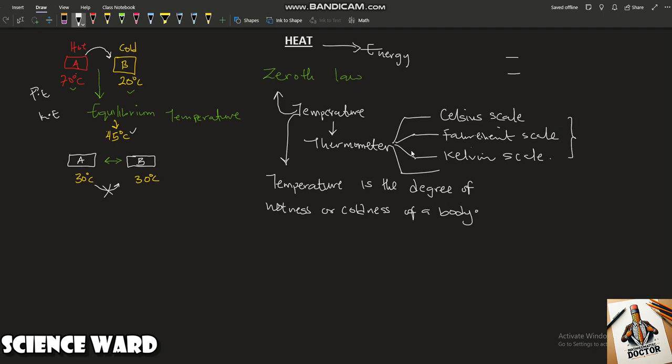And of course, there are also different types of thermometer. When you talk about the thermometer, there are different types that we have. We look at that in the next video.